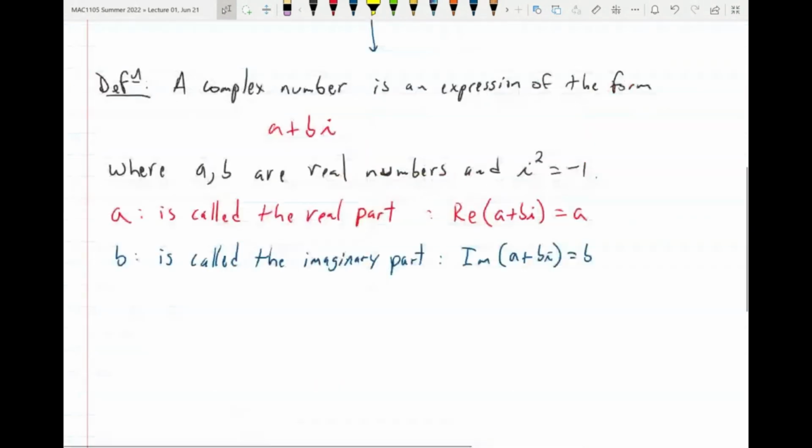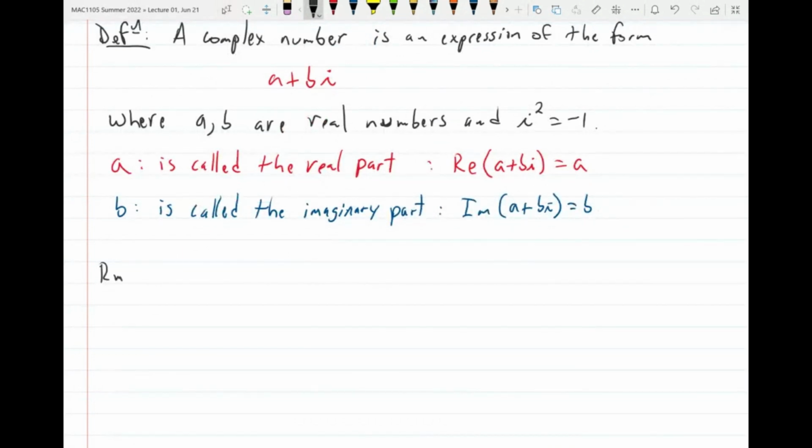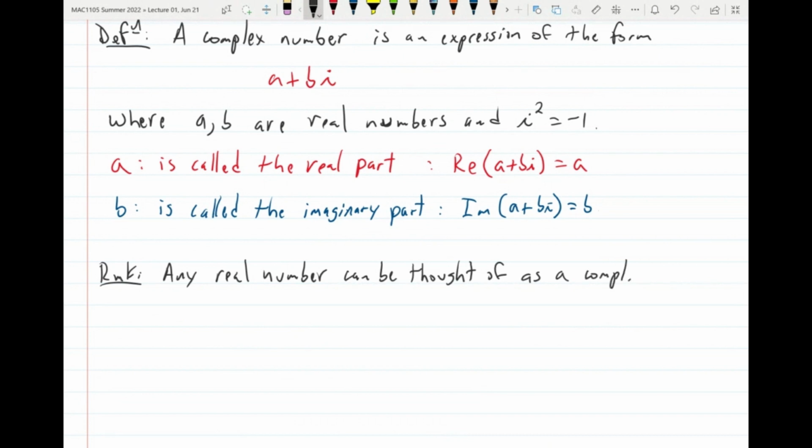So, any real number can be thought of as a complex number with imaginary part equal to 0.